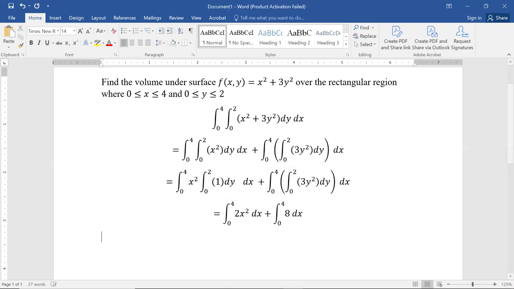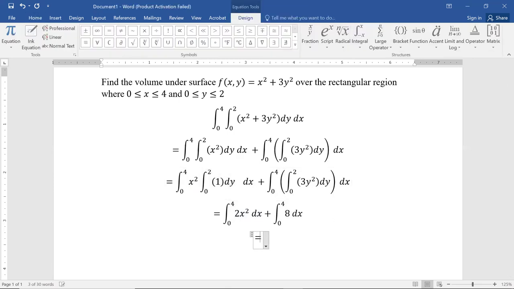All right. And now, once again, I can use technology. I can integrate from 0 to 4 that 2x squared with respect to x and get 42 and 2/3. And then I can use technology and integrate from 0 to 4 that 8 with respect to x and get a 32.